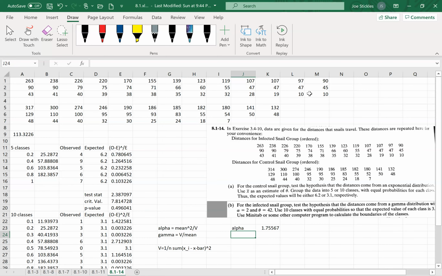And yes, that's fine. Notice that if I use the data, my alpha estimate is 1.76-ish, not 2. That's why I wanted to actually use the data to do this.